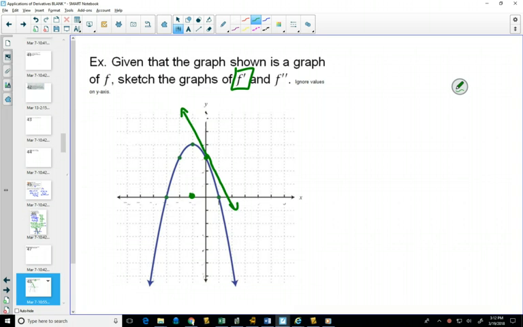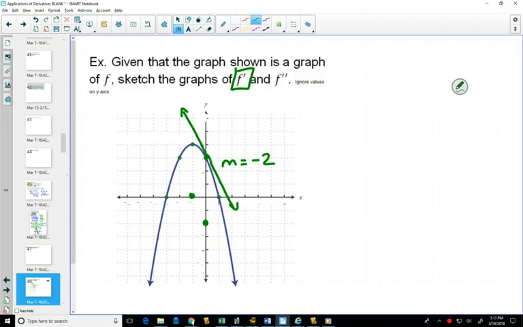We don't know, maybe the scale's completely off and we could have something different here. But I'm just using it as an estimate. If I look at this line right here, it looks like I'm going down 2 over 1. So this line has a slope of -2. So that means on my function, when x is 0, my slope is -2.